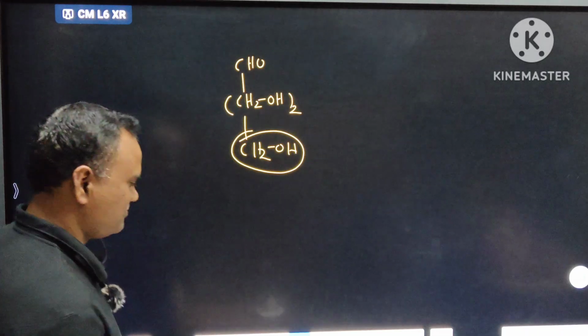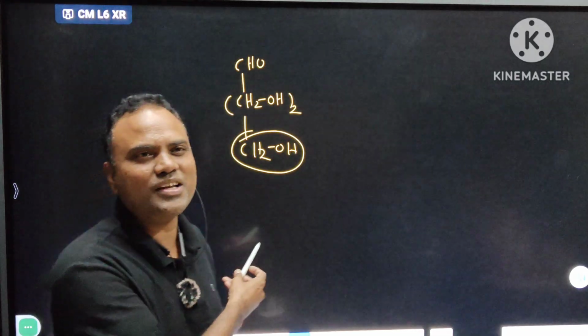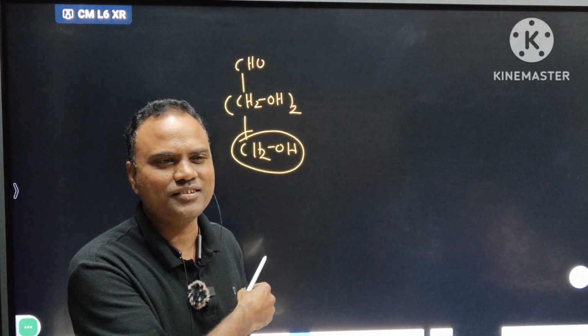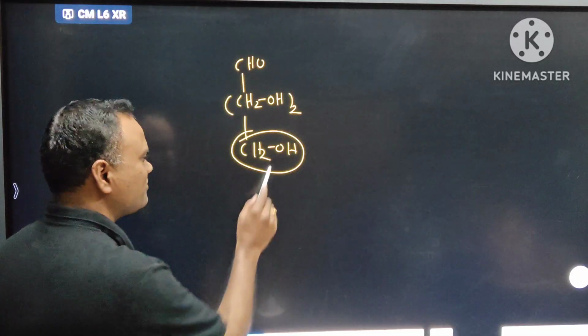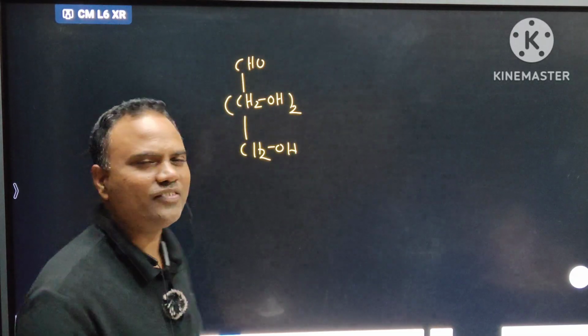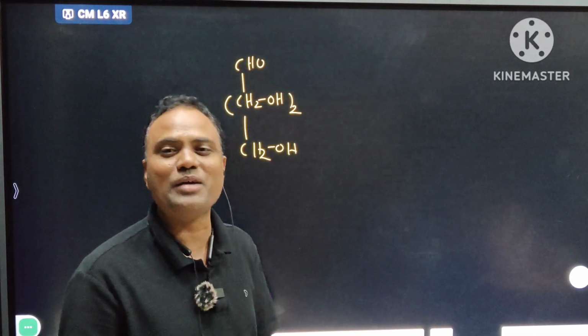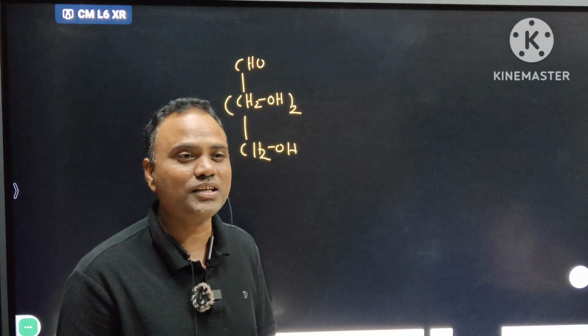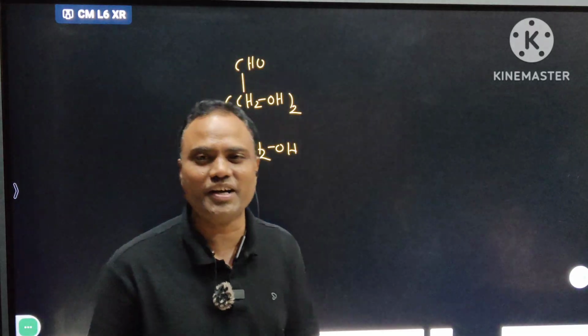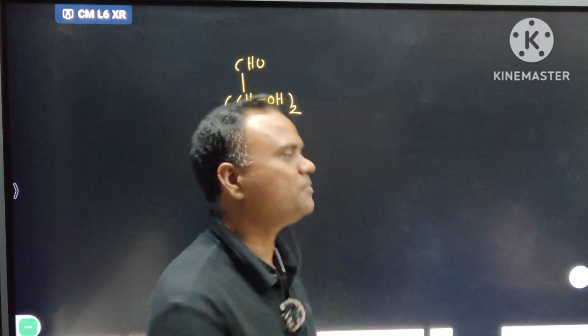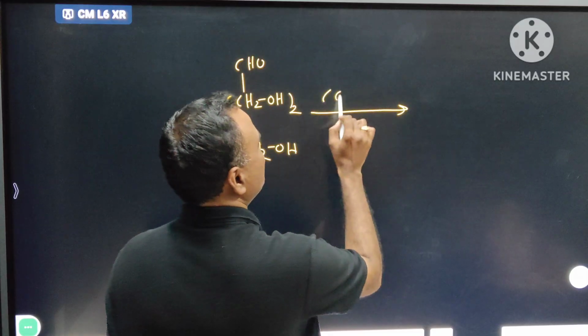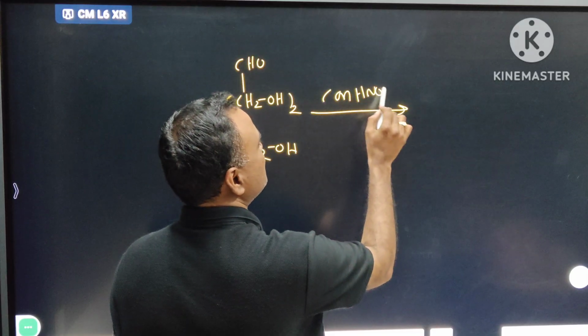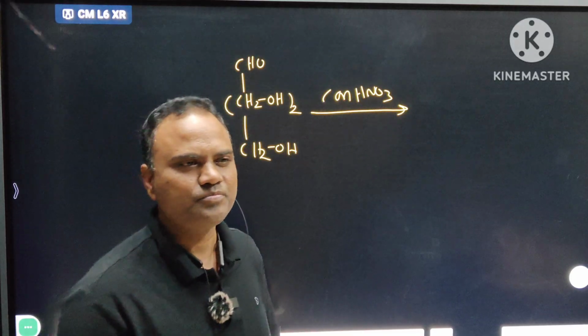This is primary or secondary or tertiary? Primary alcohol. If I say tertiary or secondary, we start thinking. Say confidently: primary alcohol. How to identify primary alcohol? By treating glucose with concentrated HNO3.